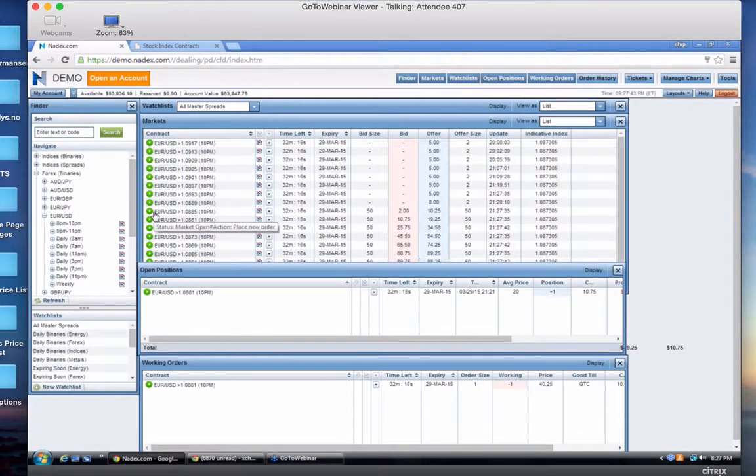If I pay 50 and the underlying is trading right at the strike, then the buyer doesn't have an advantage, and the seller doesn't have an advantage. Now, if I'm paying less than 50, then that's telling me that the underlying is below the strike, and I'm at a disadvantage.